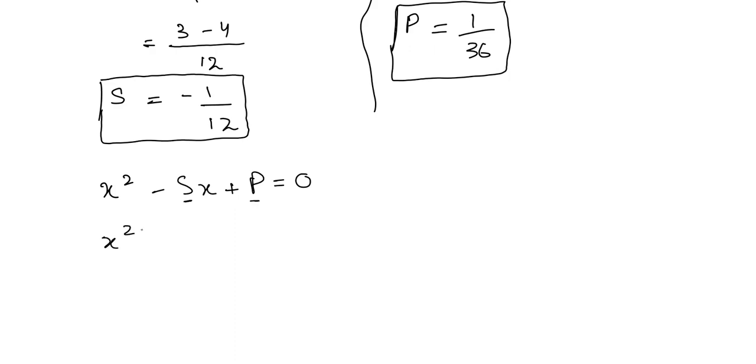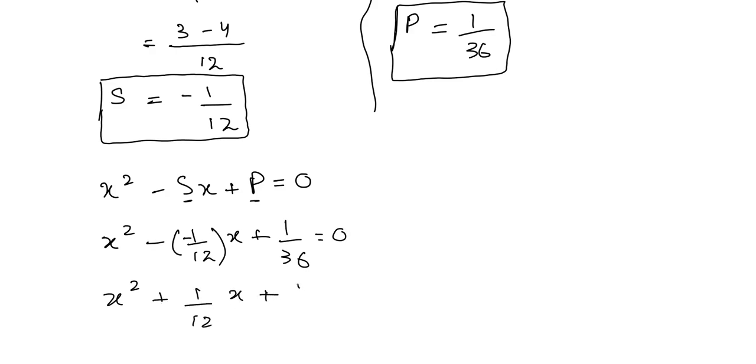So it will be x squared minus minus 1 over 12 times x plus 1 over 36 equals 0, and this will be x squared plus 1 over 12 x plus 1 over 36 equals 0. What if I multiply both sides by 36?